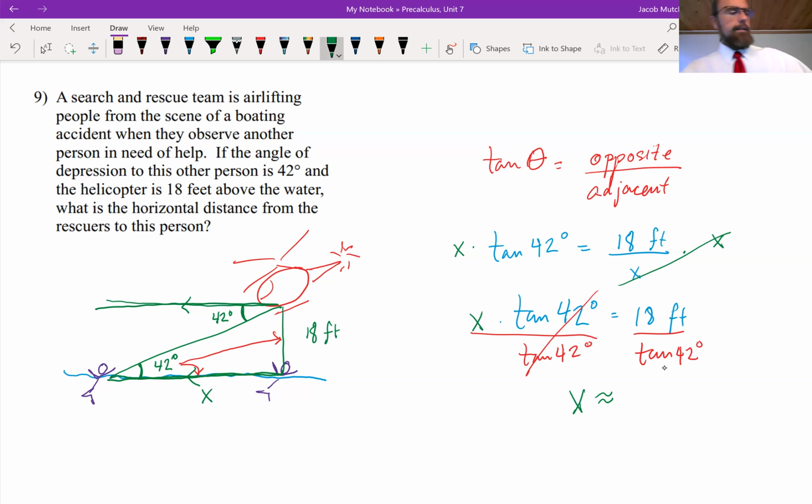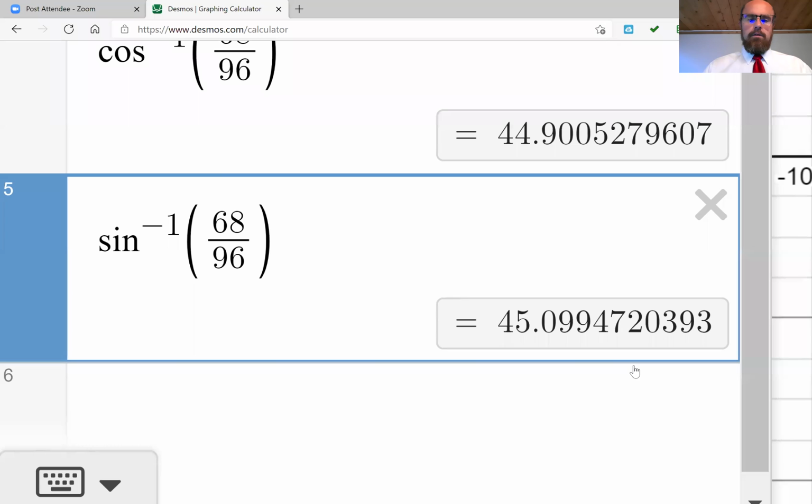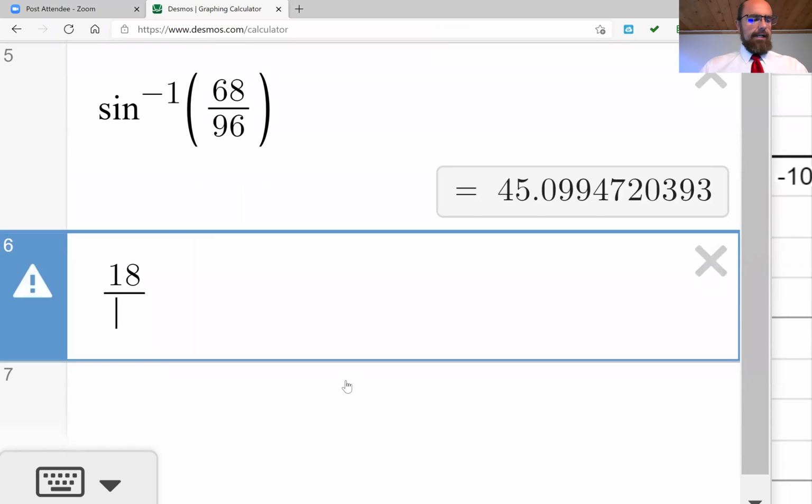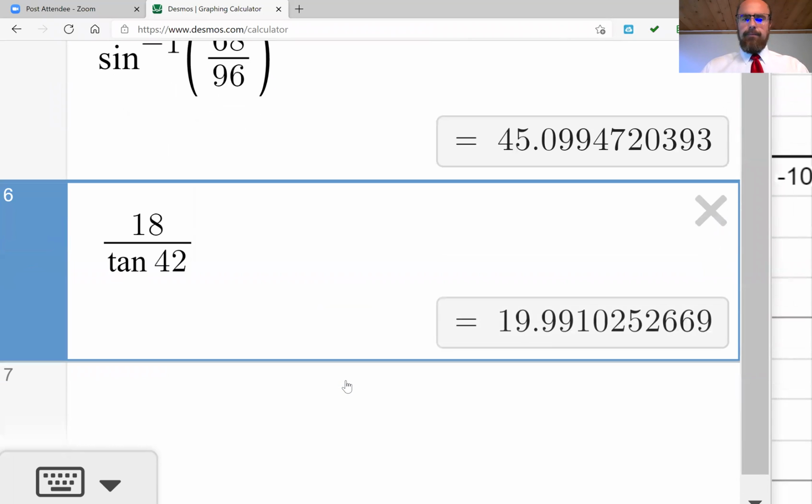So again, we're going to lean on the calculator here, and get an estimate for the horizontal distance between the rescuers and the second person. Again, we'll set up our fraction. It's 18 feet divided by the tangent of 42 degrees, and if I were to round, that's going to give us a distance of 20 feet.